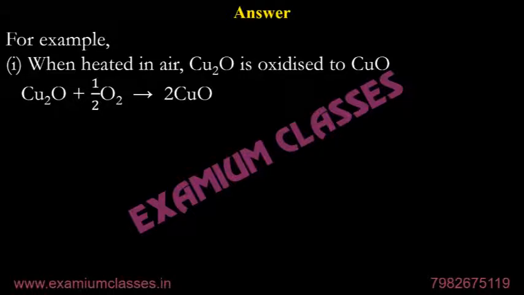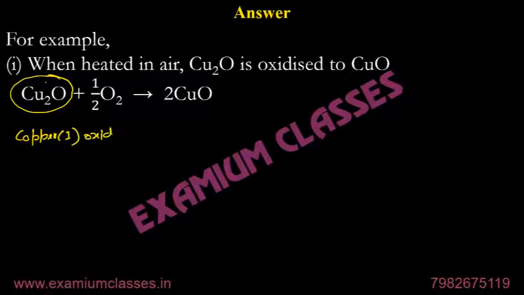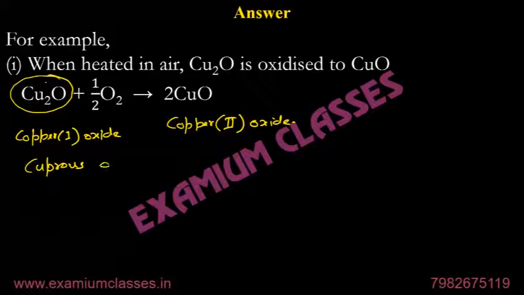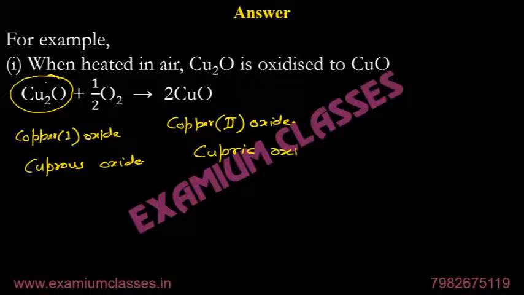Now, in this plus one oxidation, when it reacts with oxygen, it is oxidized to CuO, means the copper one oxide is converted to copper two oxide, means from cuprous oxide, it is converted to cupric oxide. Yes, Rashi, I'll show you the previous slide.